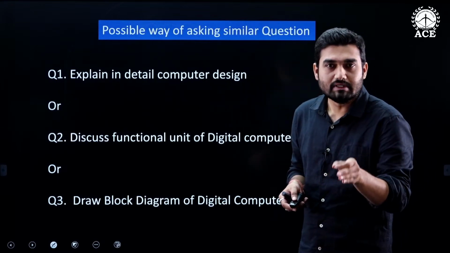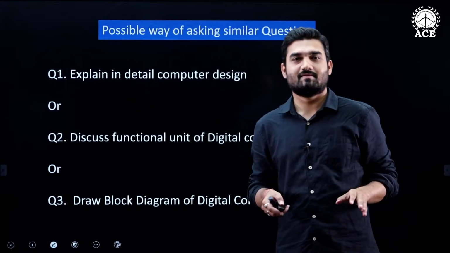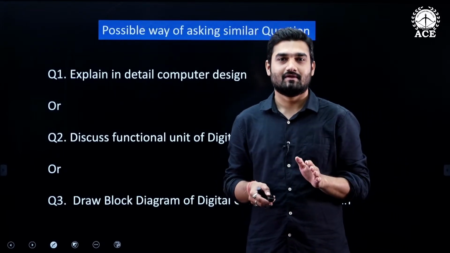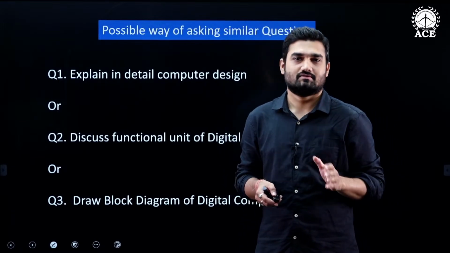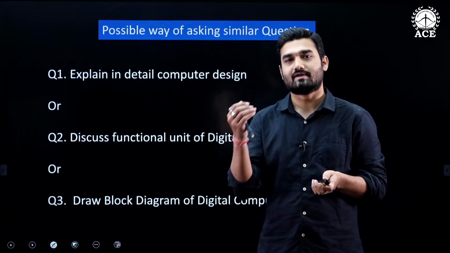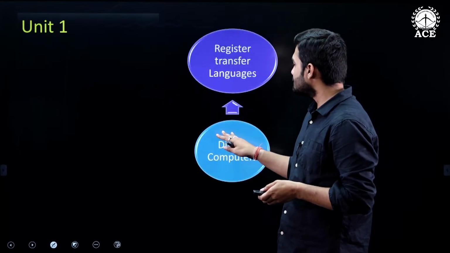Do you know digital computer? Can you draw the block diagram? All these things. Now, guys, this is the right time to deep dive. Before telling you the solution, let me give you the introduction. Then from the introduction only, you will get to know how to write your solution. See, again I am going to show you.